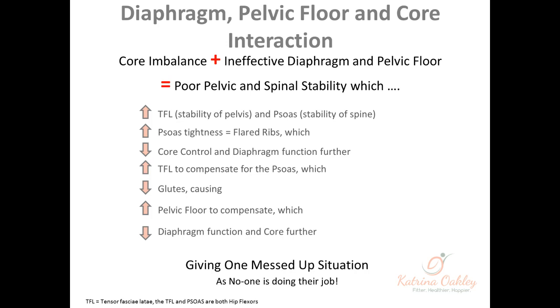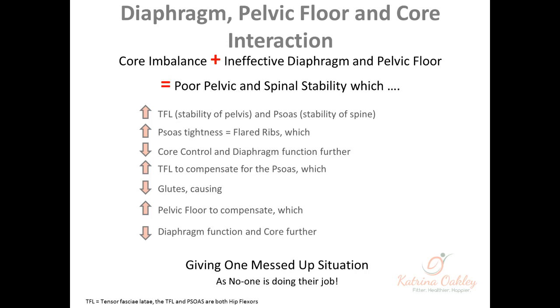Now, as the psoas tightness happens, because it's working harder as a spinal stabilizer, it's going to lock down and tighten, which means it's going to pull on the back of your spine at your diaphragm, which in turn will flare out your ribs. Flared out ribs will decrease your core control and diaphragm even further.